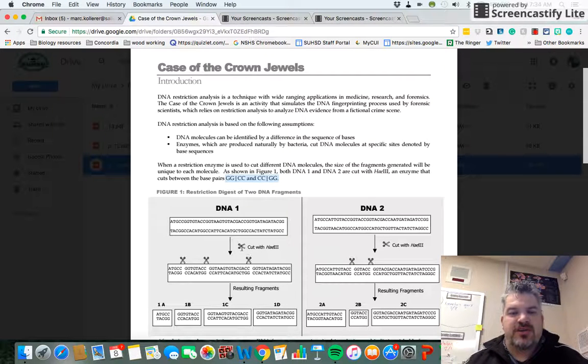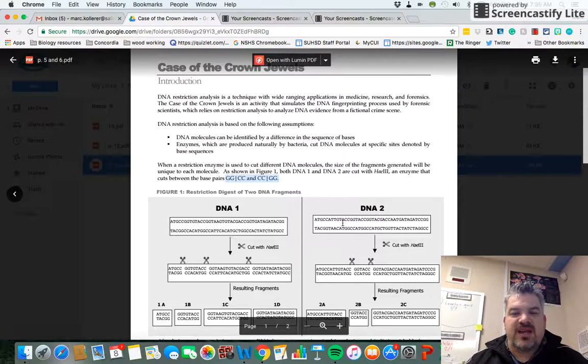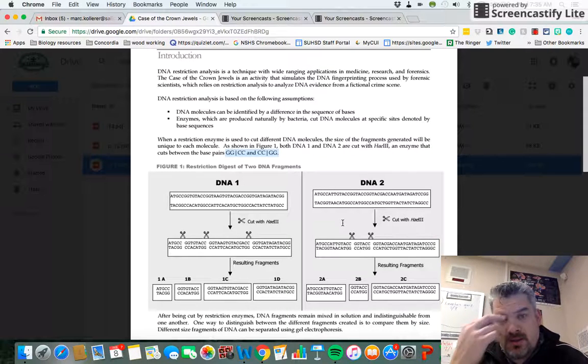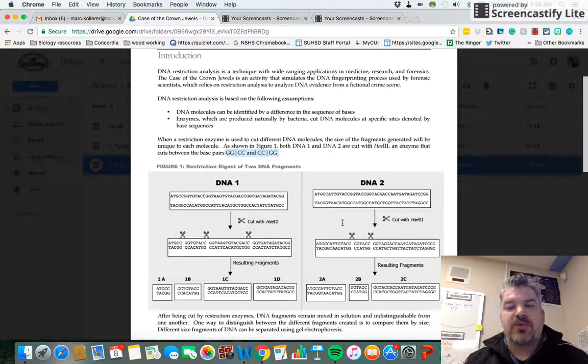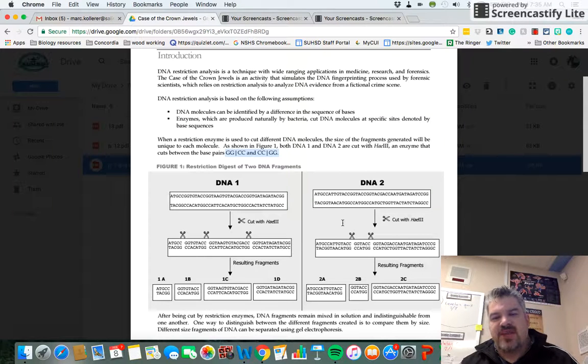The reason they're showing 2 DNAs, DNA 1 and DNA 2, is that 2 people would have unique DNA strands, and because their DNA sequence is unique, it would get cut in a unique way. The restriction enzyme cuts it in different ways.